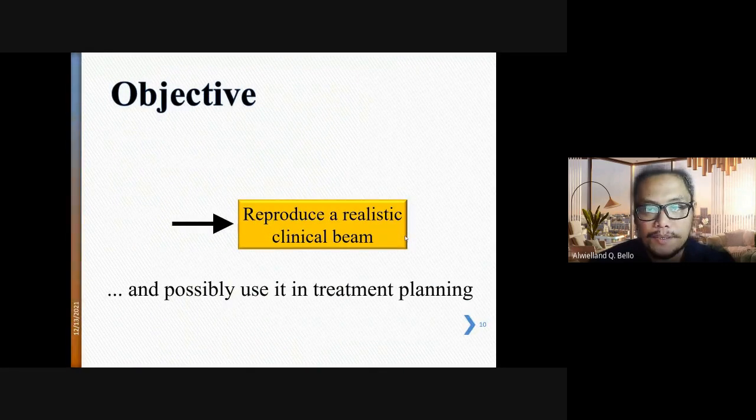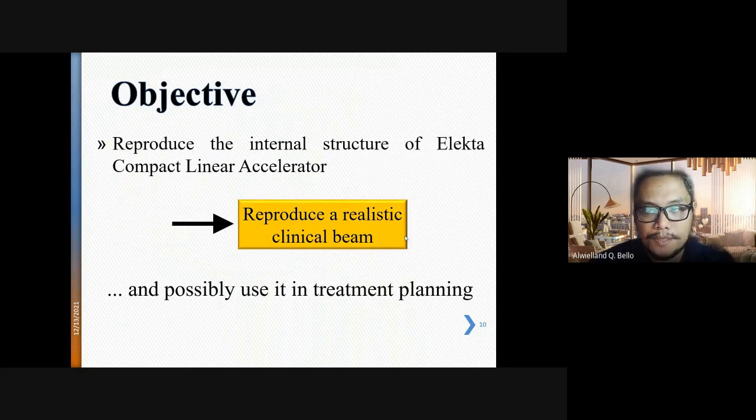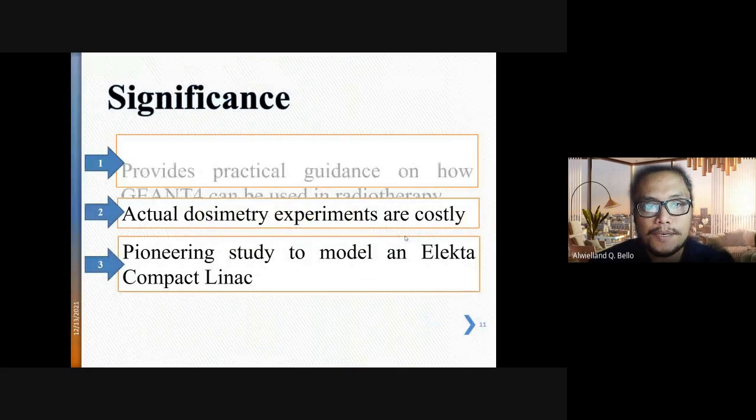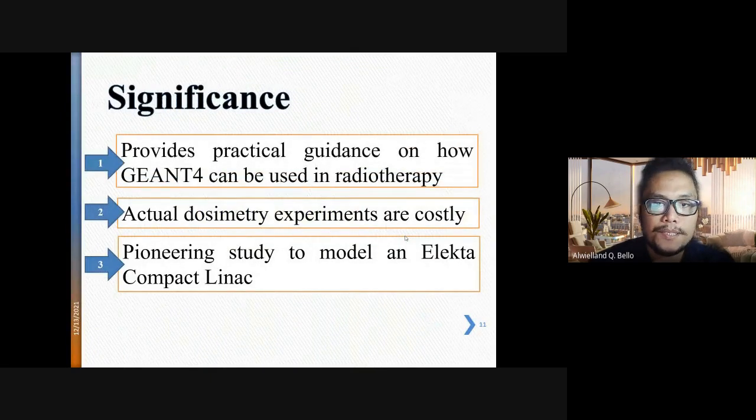So the objective here is to reproduce a realistic clinical beam and possibly use it in treatment planning, and we can reproduce the internal structure of the Electra compact linear accelerator. For the significance, it provides practical guidance on how GEANT4 can be used in radiotherapy. Actual dosimetry experiments are costly, and this is a pioneering study to model an Electra compact linear accelerator or linac.